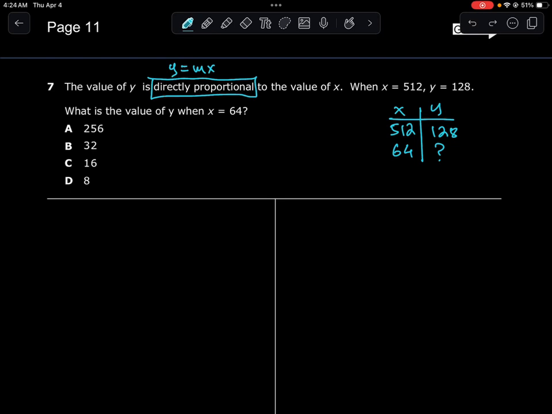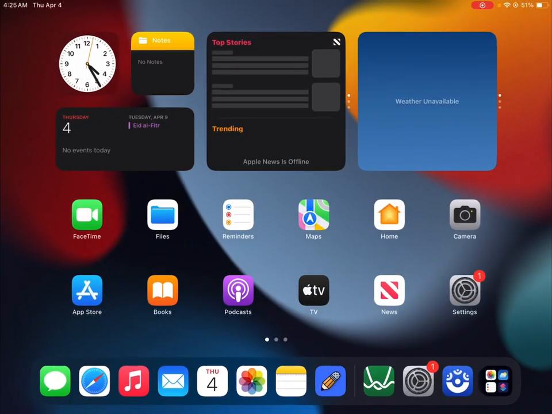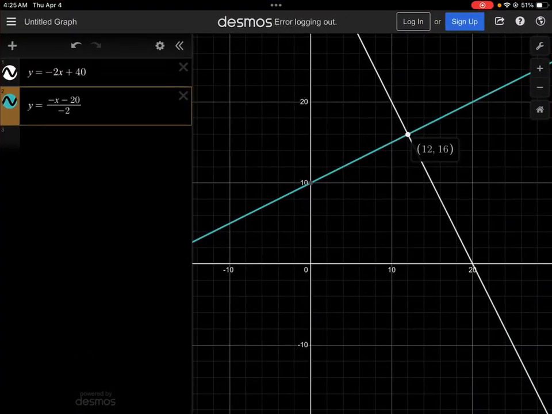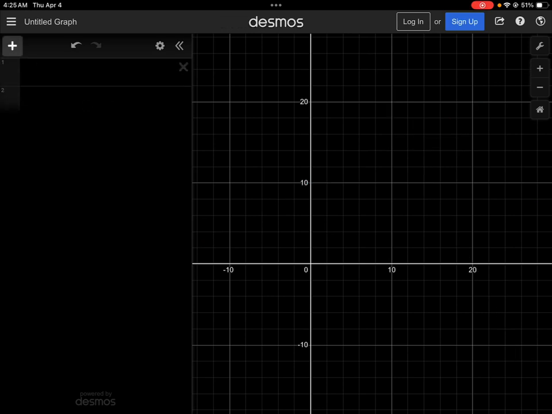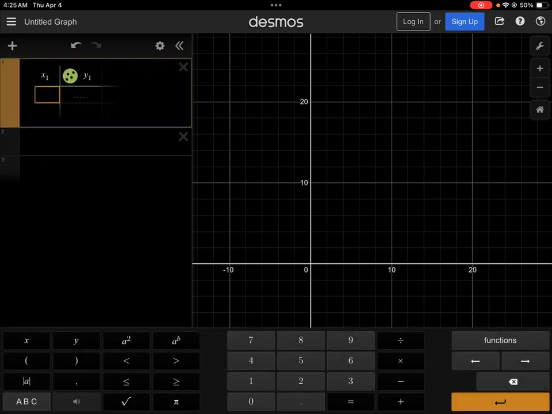There are many ways to do it. Here I'm going to utilize the graphing calculator. Okay, so I'm going to hit the plus sign, table, and I'm going to make the table that I got: 512 on the left, 128 on the right.